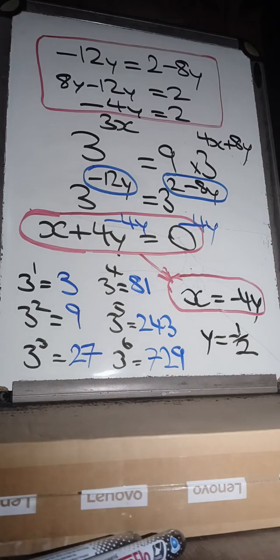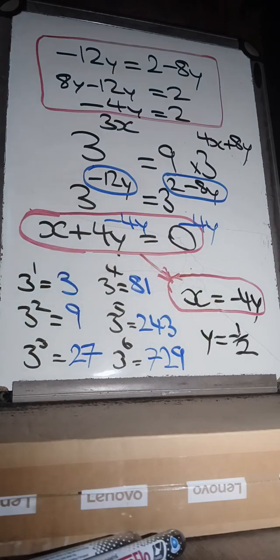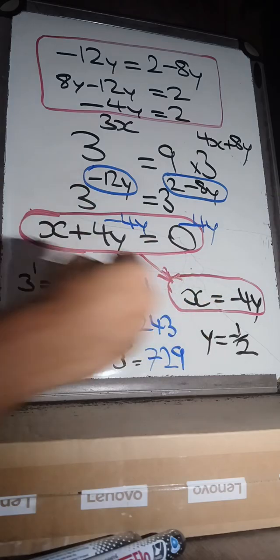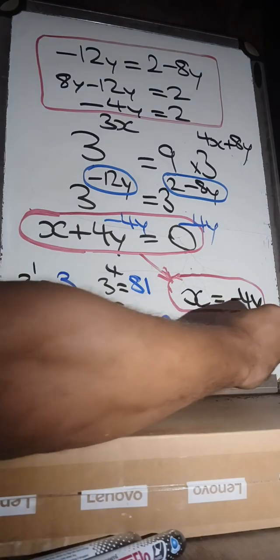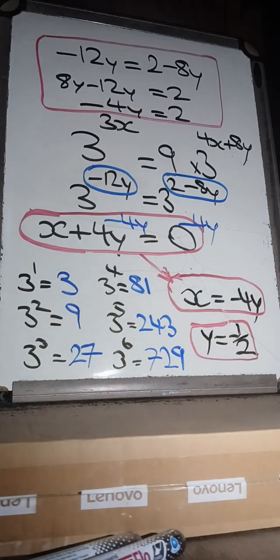So if y is minus half, and I put that in here, 4 over 2, x is equal to 2. So we found the value for y, and by finding this, we find the value for x.